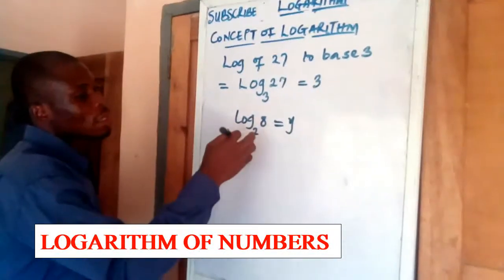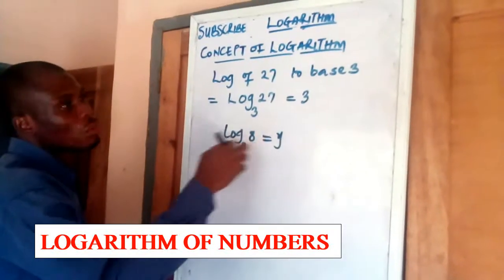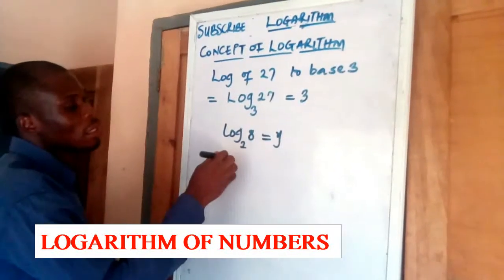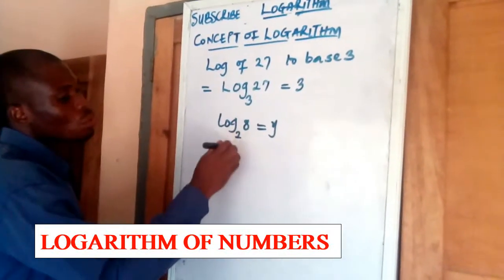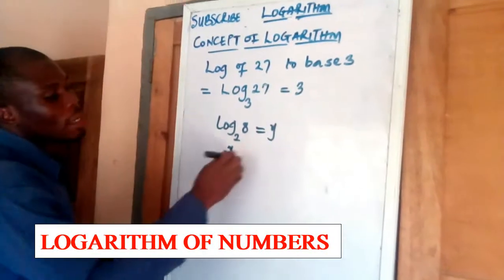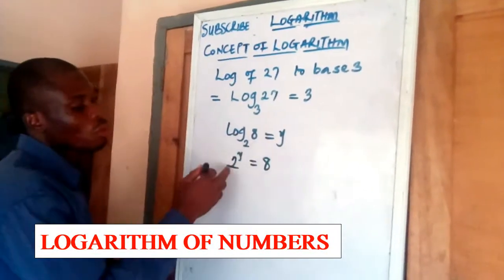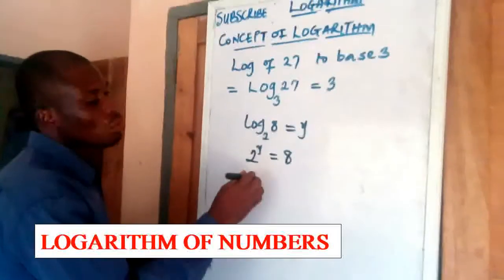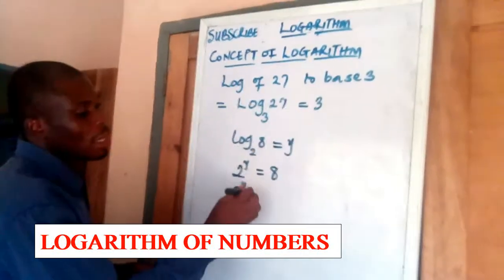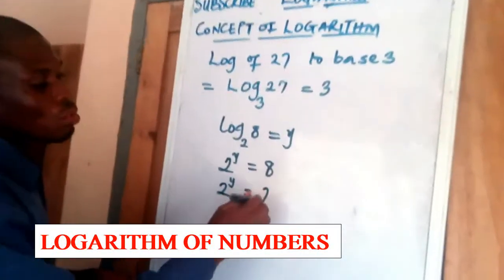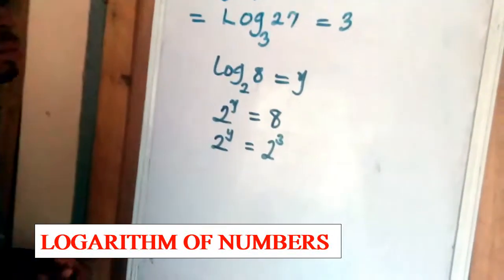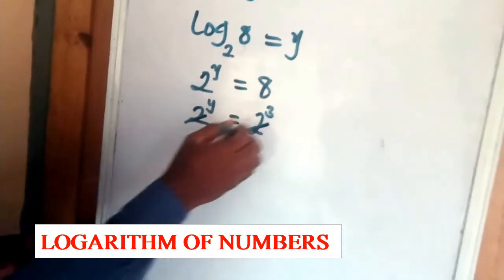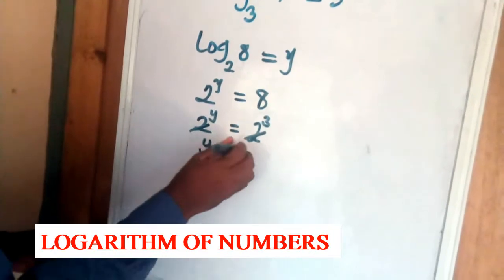So you take the index. That will be 2 raised to power y is equal to 8. So what will you raise 2 to? That will be 2 raised to power y is equal to 2 raised to power 3. You can discover that the answer is 3.